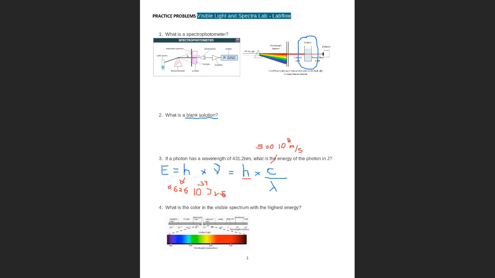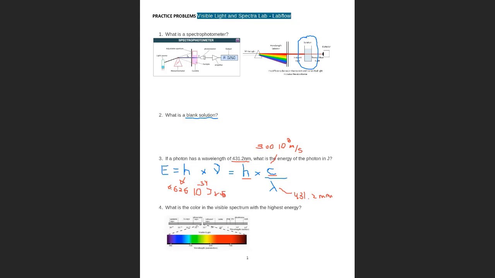So we have the value of h, we have the value of the speed of light, and what is the value of lambda? They are telling me that it is 431.2 nanometers.